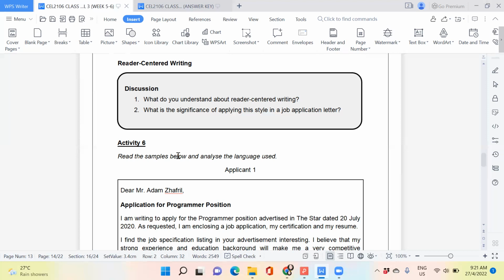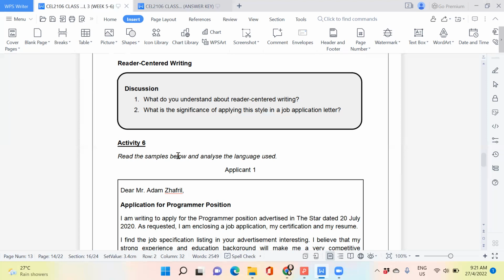It suits their liking, so when they read it, they feel like, oh, I want to read this. I want to understand what this person is trying to say, because you are using reader-centered writing.